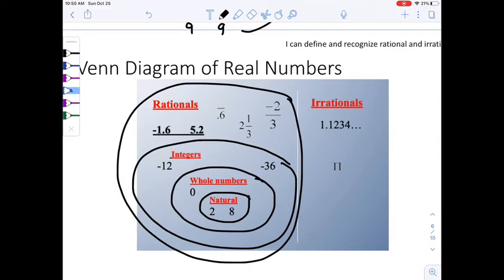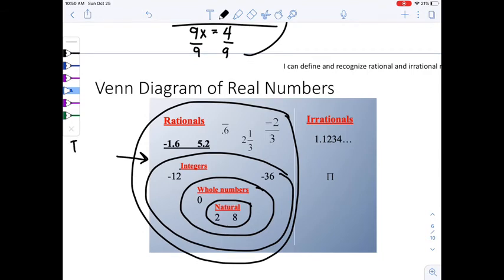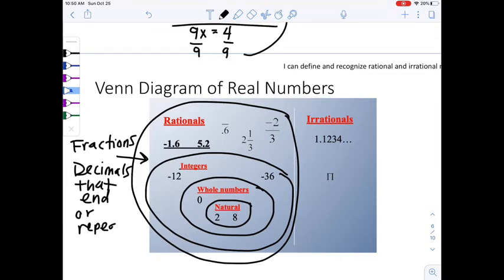Then we add in rationals. Rational numbers are those positive and negative numbers with decimals that end or repeat, fractions. So maybe you want to add off to the side here, rationals: we have fractions, decimals that end, or repeat.